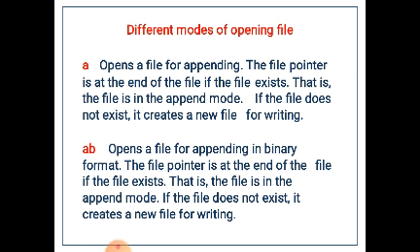Now this is a special mode of opening a file, that is A. Here we see that the file is opened for appending. So the file pointer will be at the end of the file if the file is there.